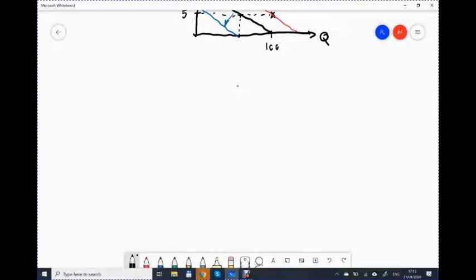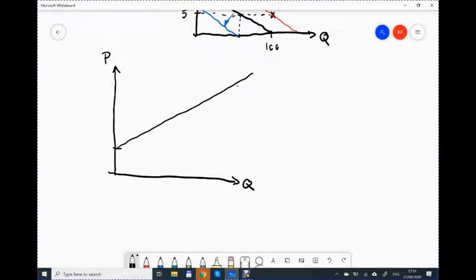Graphically, this means that we have an inverse supply curve like this. That is, that there will be a certain price below and at which simply no goods and services are provided, but as prices increase, then the quantity supplied is going to increase. So the supply curve, and the inverse supply curve in this case, is going to be positively sloped.